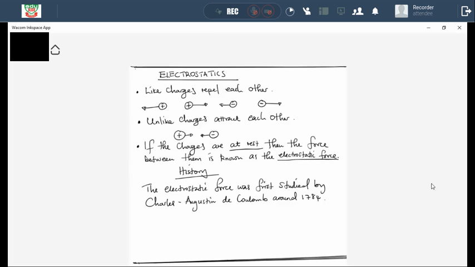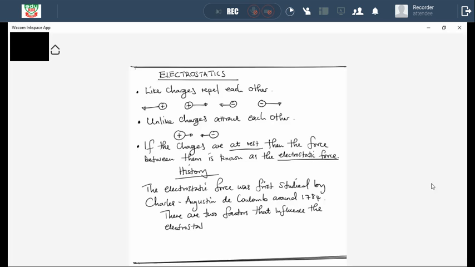So this guy realized that there are two factors which influence the electrostatic force. I think I need to capture this. Let me say there are two factors that influence the electrostatic force.